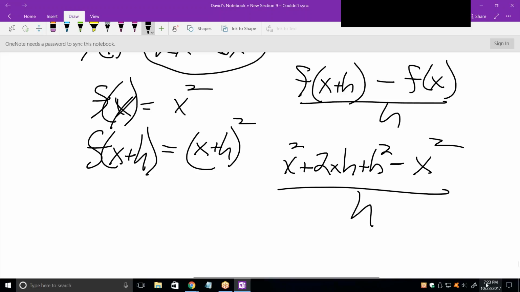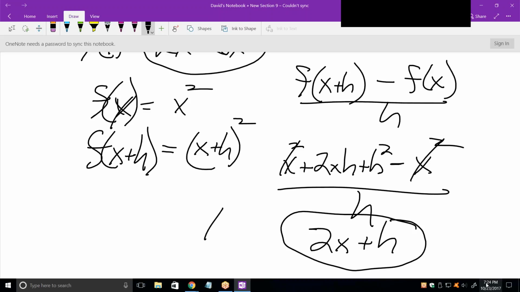Again, notice that every term that does not have an h in it goes away. Now I can factor out an h, divide top and bottom by h, and I get this. And I want to take the limit of that as h goes to 0. As h goes to 0, that just goes away, and I end up with 2x.